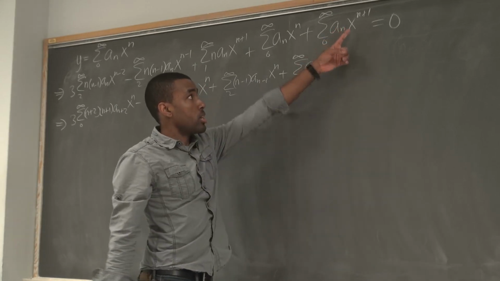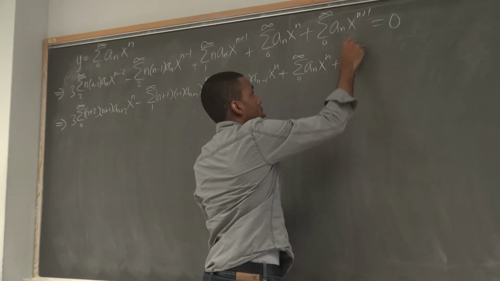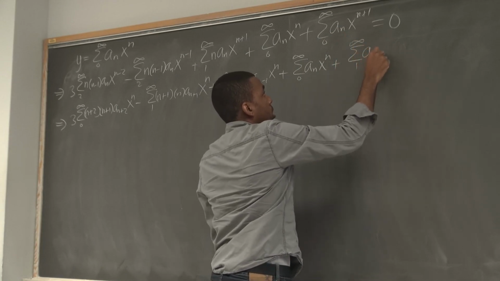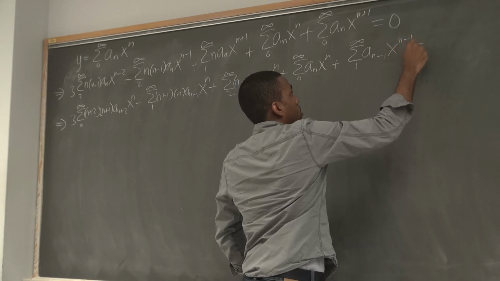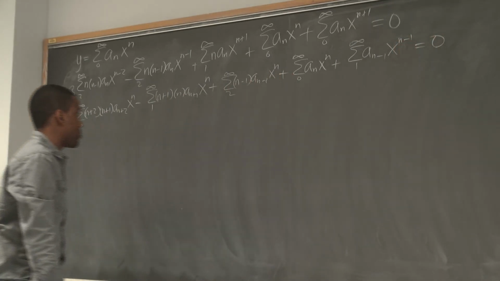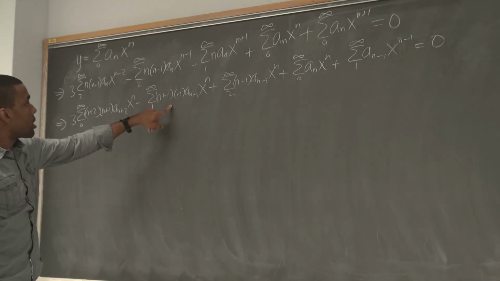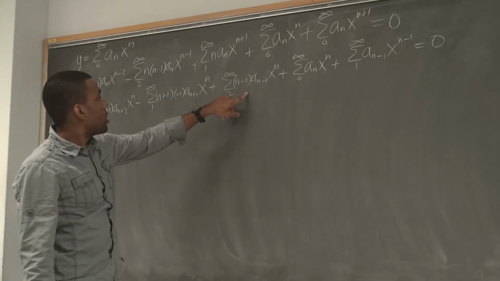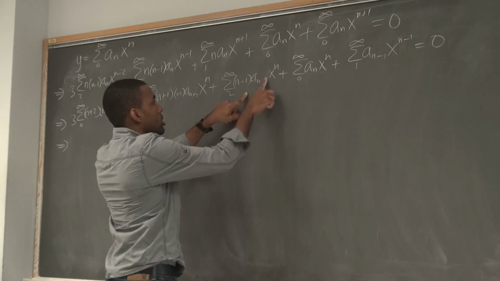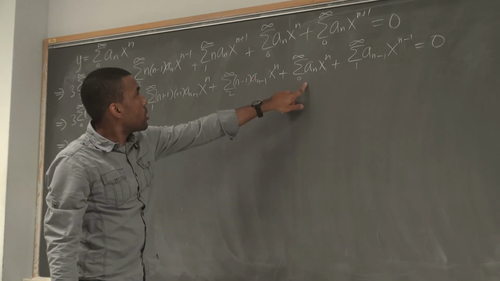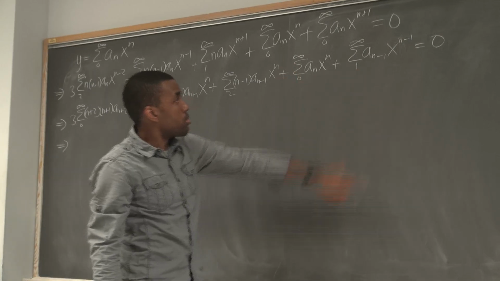Plus, again, have to change all n's to n minus 1's. This is going to start at 1 to infinity, a n minus 1, x to the n. Okay, did I shift everyone? All n's are n plus 2's, all n's are n plus 1's, all n's are n minus 1's.